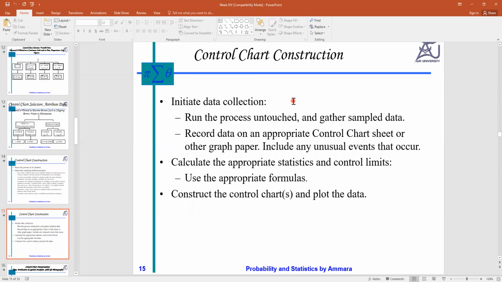So here are the control chart construction steps that you need to follow to draw the chart. First, choose the name of the control chart. After that, you require the formula to calculate the limits of that chart. Once you have calculated the limits, the next step is to construct them.